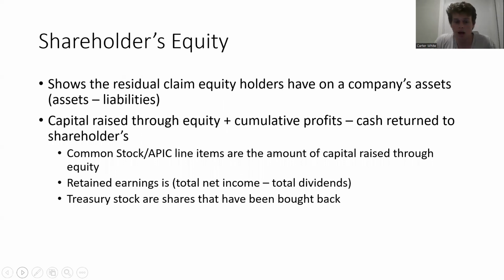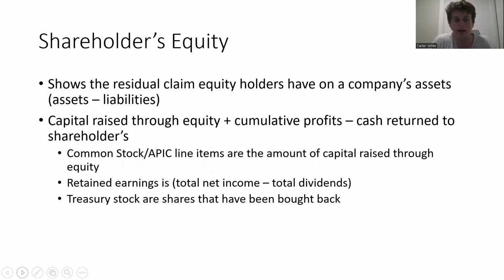Shareholders' equity. So if you remember, assets equals liabilities plus shareholders' equity. We could rearrange this equation to say assets minus liabilities equals shareholders' equity. So it's essentially the residual claim the equity holders have on a company's assets, right? And the cash flows that they generate. Shareholders' equity is essentially the capital raised through equity plus the cumulative profits minus the cash returned to shareholders.